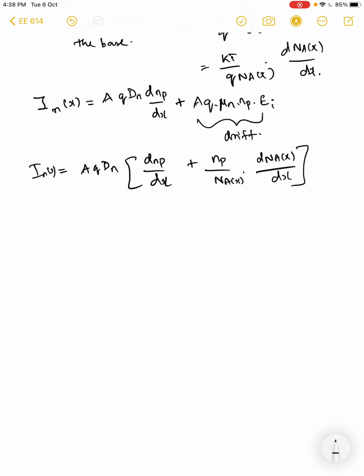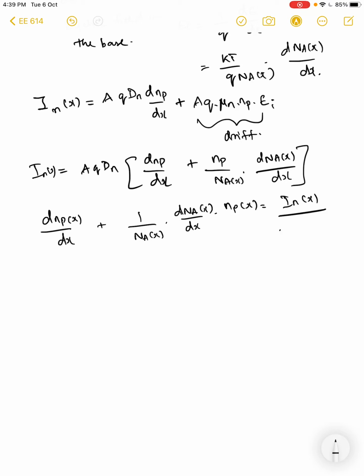And you can rearrange this equation to give you dNp(x)/dx plus (1/Na(x)) dNa(x)/dx is equal to In(x)/(A q Dn). Now this is a first order differential equation, and we know how to solve it.